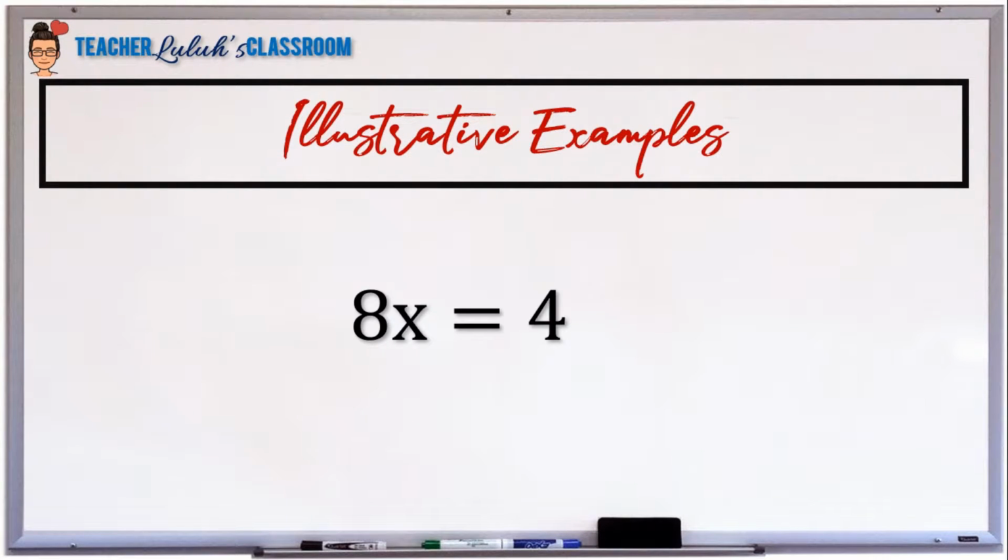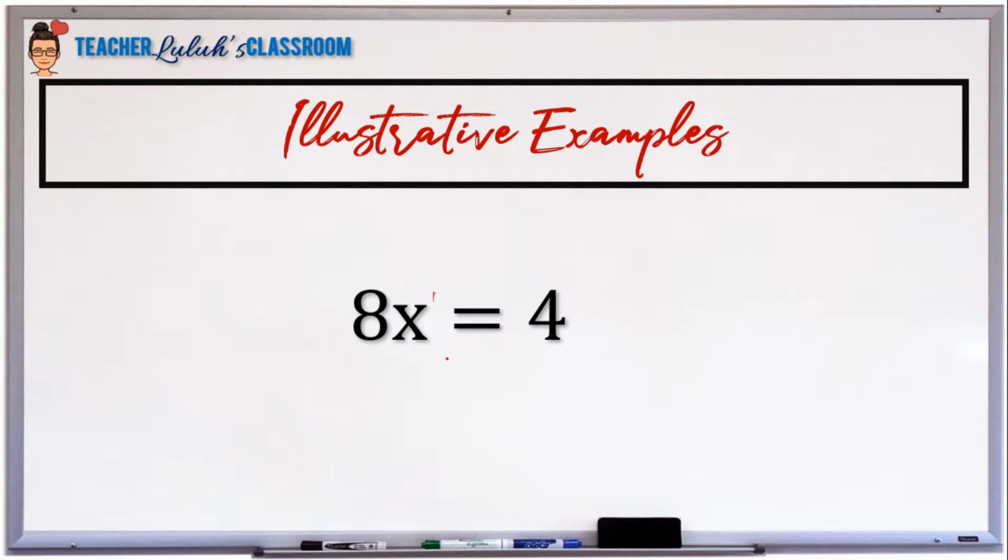Let us have 8x equals 4. Is this a quadratic equation or not? As I've said a while ago, we just have to look at the highest exponent. Our unknown quantity here is x, and its exponent is 1. So if we cannot see any exponent, automatically, its exponent is 1.